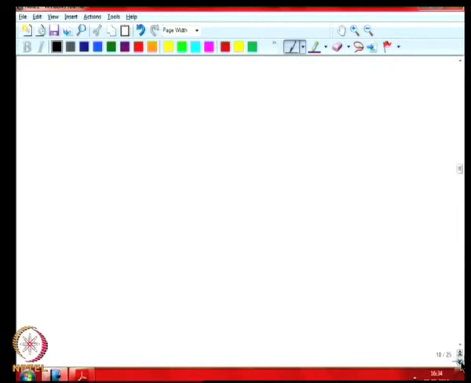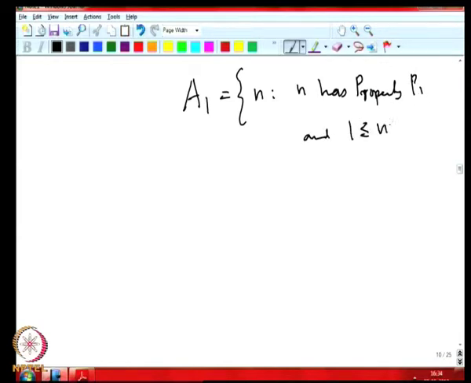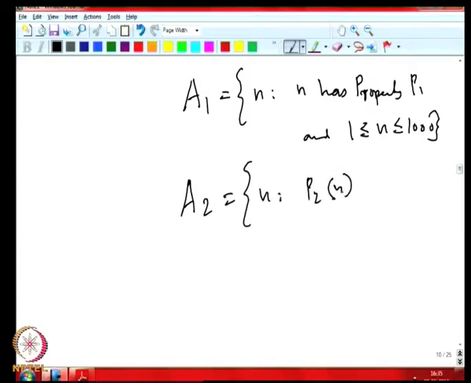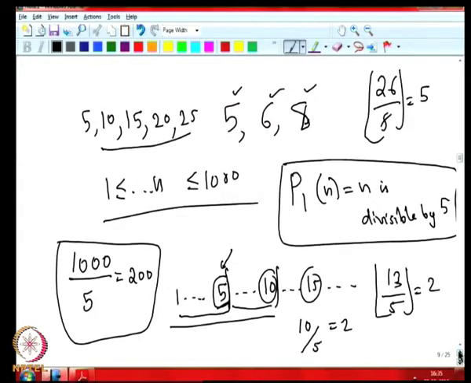So, we can say that A1 is the set of numbers n such that n has property P1, and of course 1 ≤ n ≤ 1000. Similarly, A2 we can define as those numbers n having property P2 between 1 and 1000, because we are interested in 5, 6 and 8.